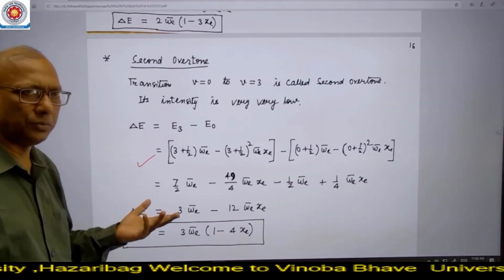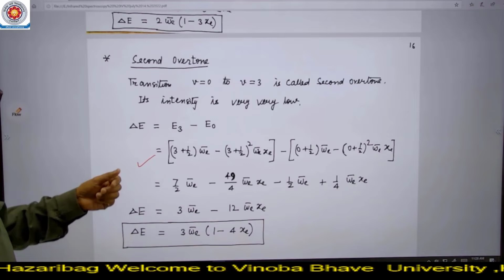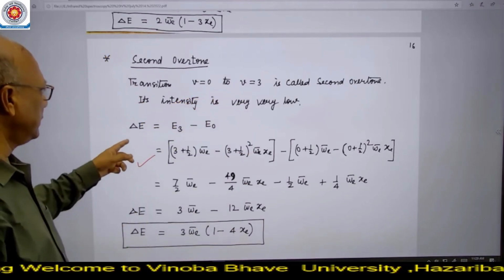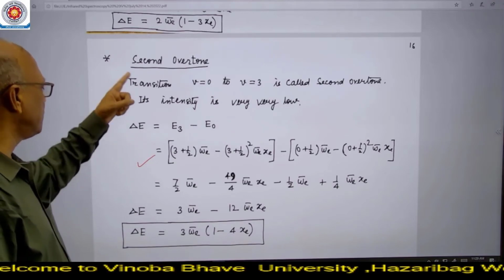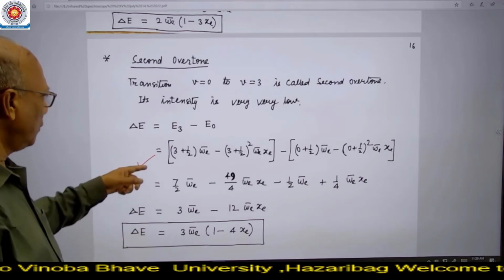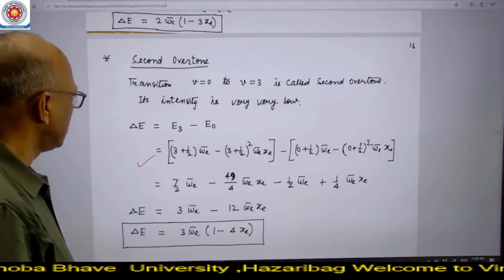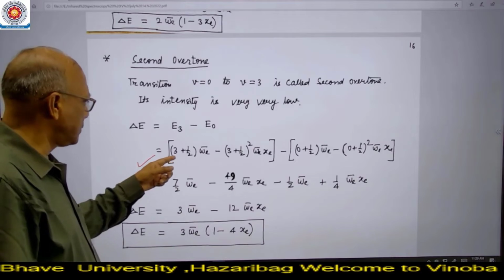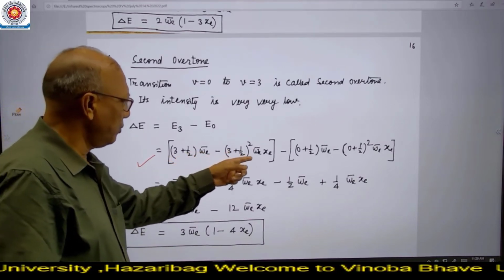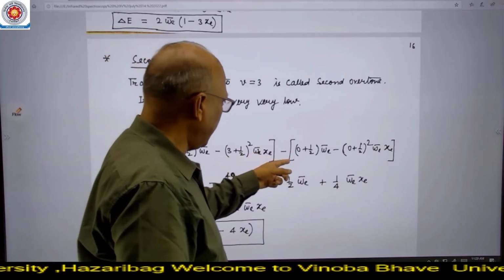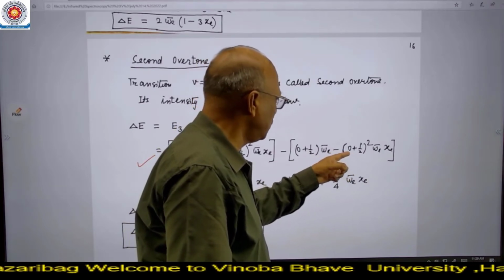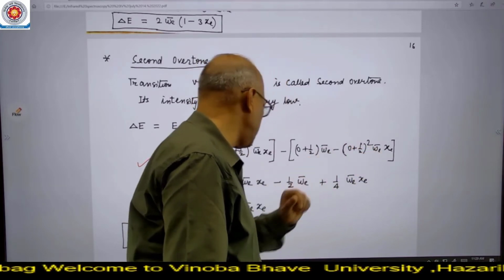Now for the second overtone, similarly we calculate for the transition V equal to 0 to V equal to 3, and the energy required for this transition, delta E, is equal to E3 minus E0. We again put the values in the same equation 14 as (3 plus half) omega E bar minus (3 plus half) whole square omega E bar into Xe, minus (0 plus half) omega E bar minus (0 plus half) whole square omega E bar into Xe.